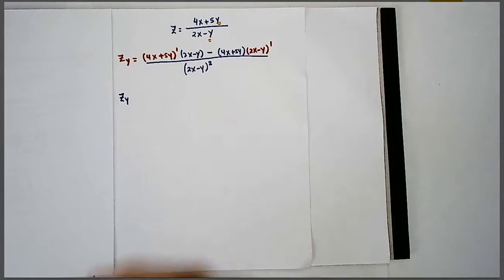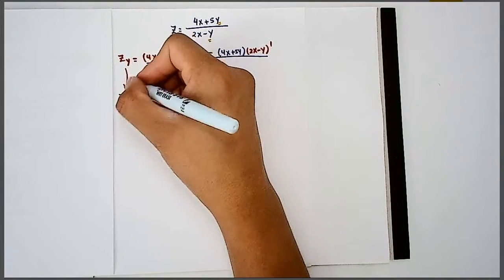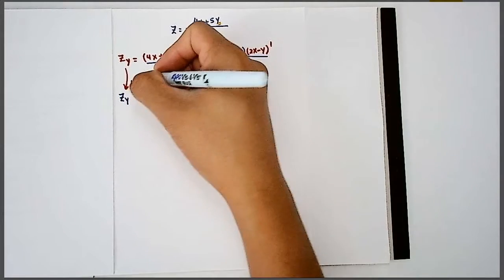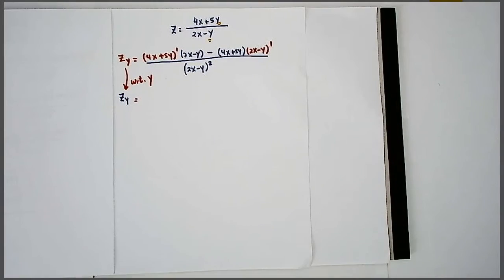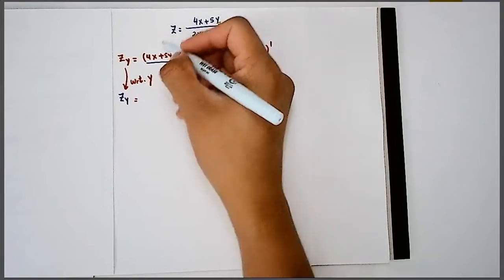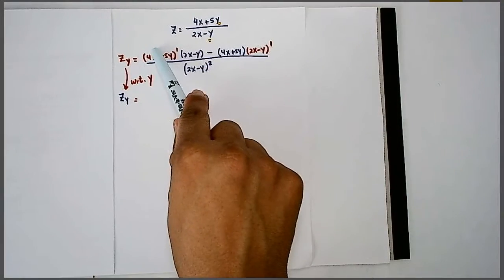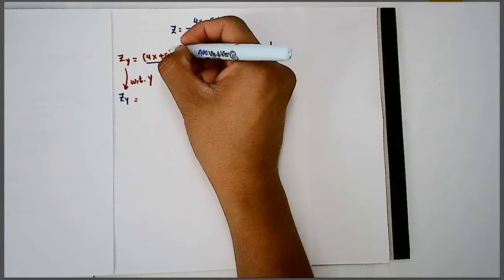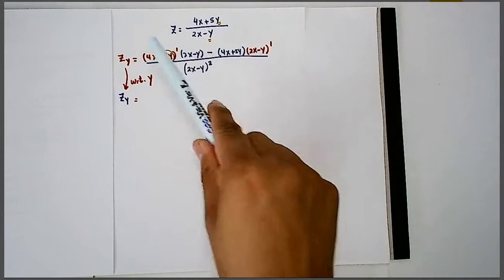Now remember, we are taking the derivative with respect to y. In the first term, the derivative of 4x with respect to y is 0, because the only part that contains y is 5y.